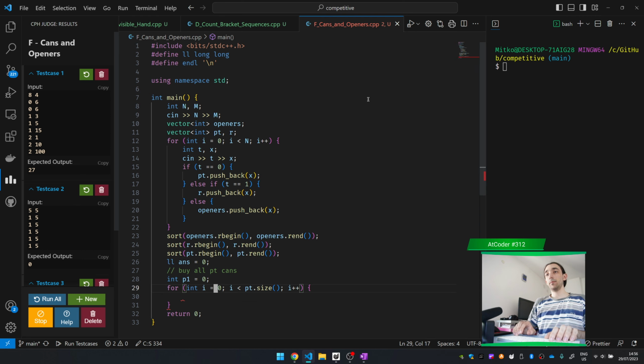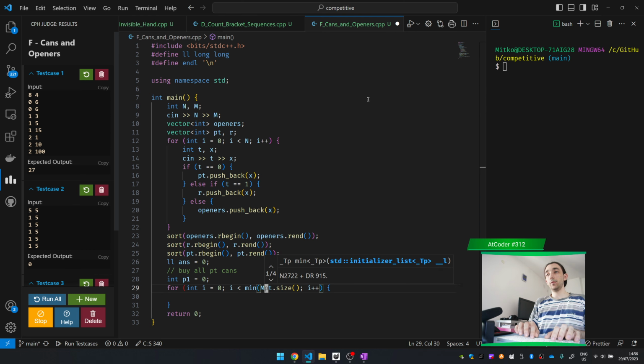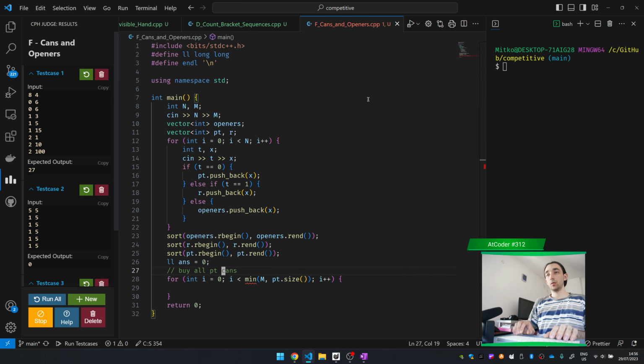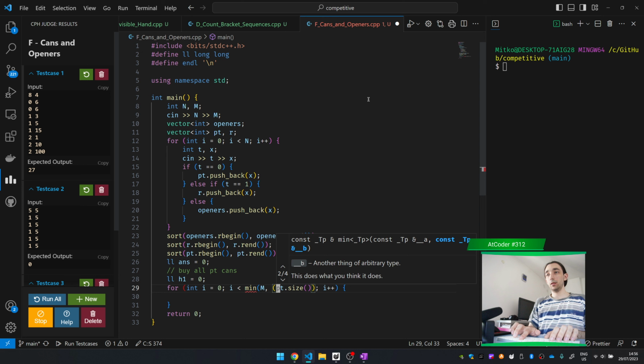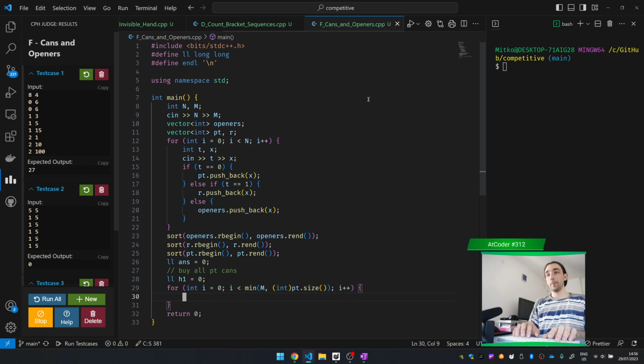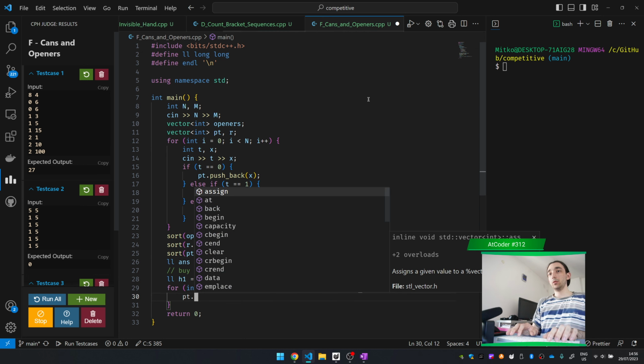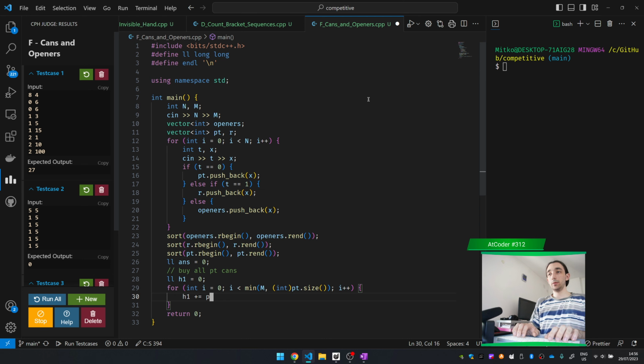So buy M of the minimum of M and this. So this is like how much, the minimum of M and this. And then you say, okay, happiness is PT at I. Okay, so you have some happiness.